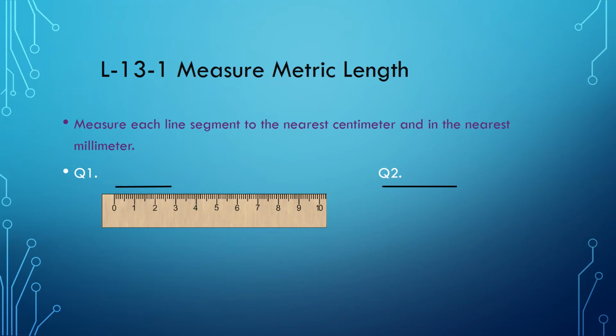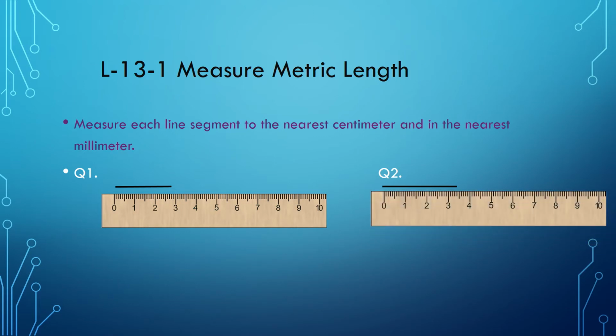Here is 1 centimeter, 2 centimeter, and here are 7 small divisions. Then what is the value? It is 2.7.